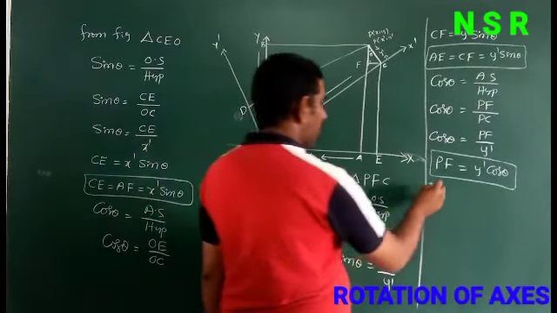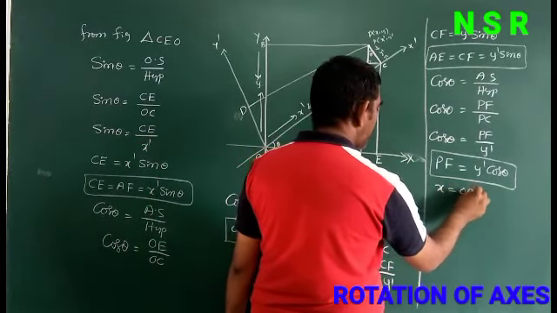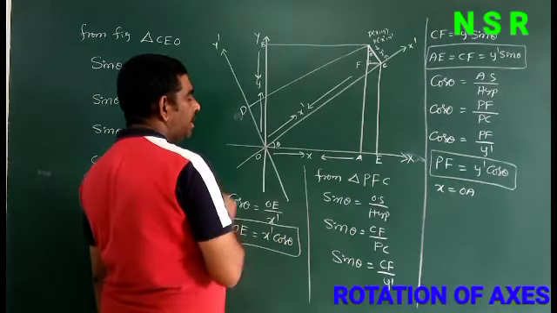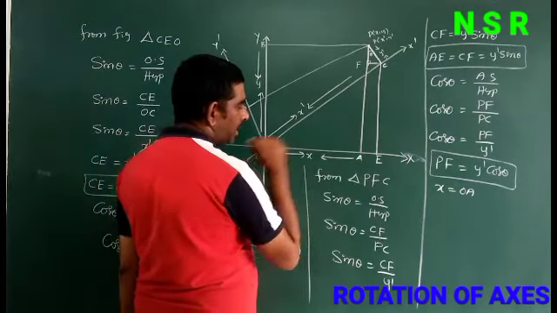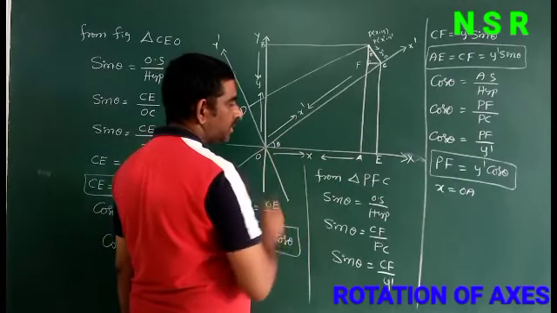So here x is equal to OA. OA we can write as OE minus AE, total distance minus this distance.